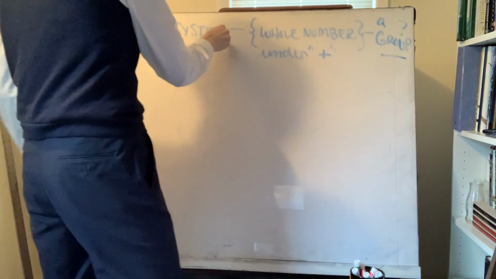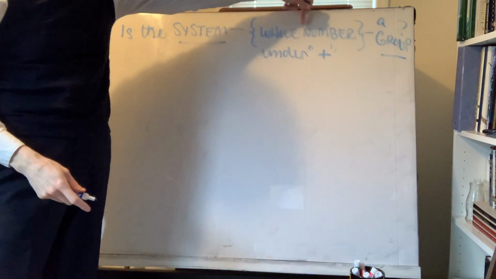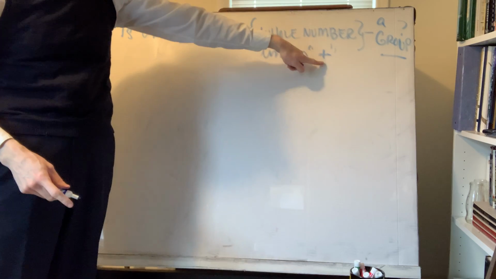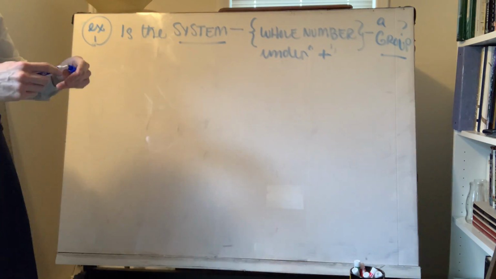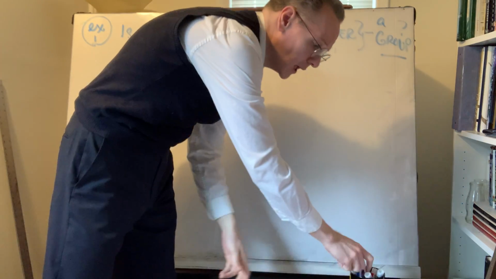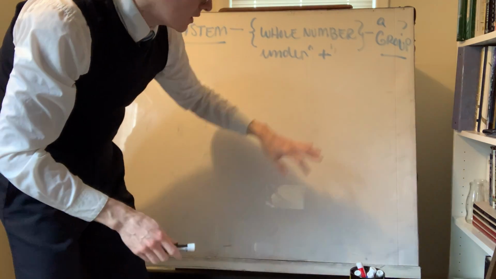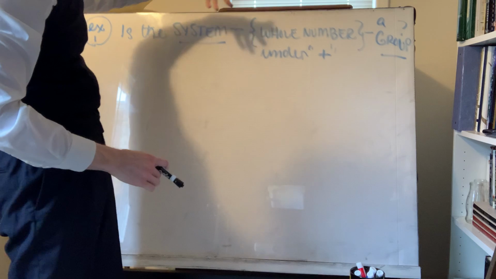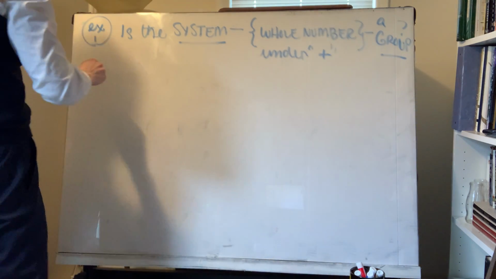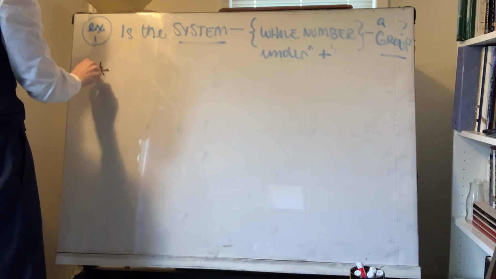Is this system, the set of whole numbers under the operation of addition, a group in fact? So what do we need to do? I would illustrate at least a portion of the whole numbers. You can't obviously write them all, but start with that as a preliminary step.